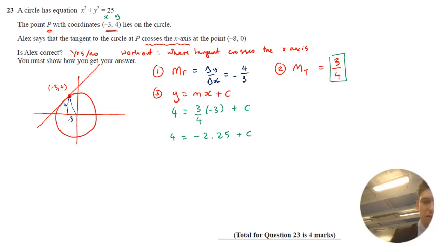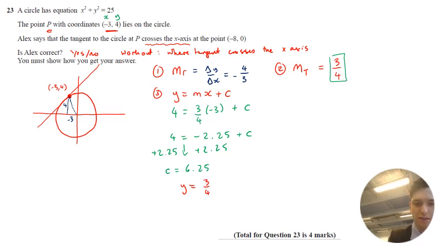And so if I add 2.25 to both sides, you get c is equal to 6.25. Therefore, I've worked out the equation of my tangent. So y equals 3/4 x plus 6.25.